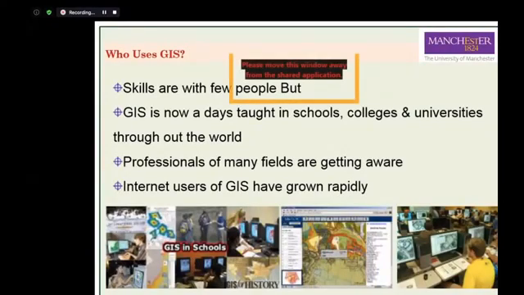Who uses GIS? The GIS skill was with very few people, but in the last 1-2 decades, various schools, colleges and universities have their own courses.